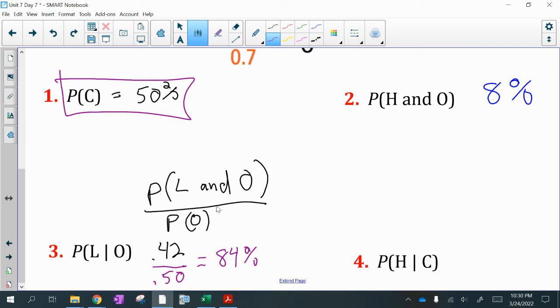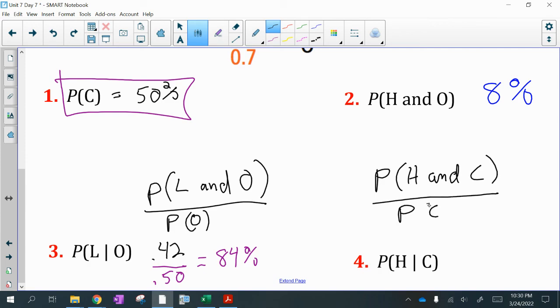And next up, let's see what we've got on this. The probability of having heavy snowfall given that the school is closed. Okay, we're going to use the same sort of formula. So we're going to say probability of H and C over the probability of closed. Now, we already have the probability of closed from back over here, so I'm just going to pop that down here, and that's going to be 50%.